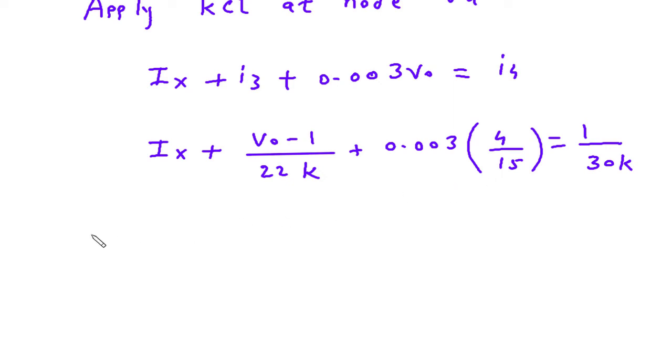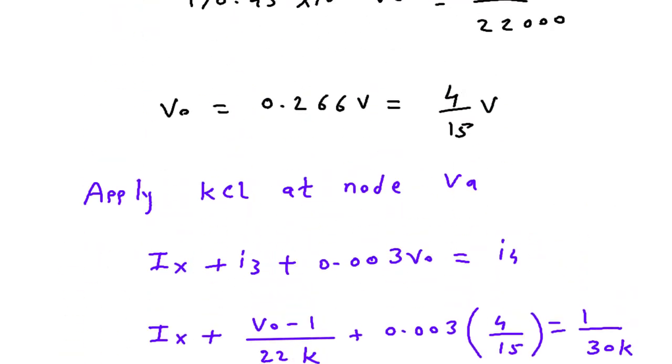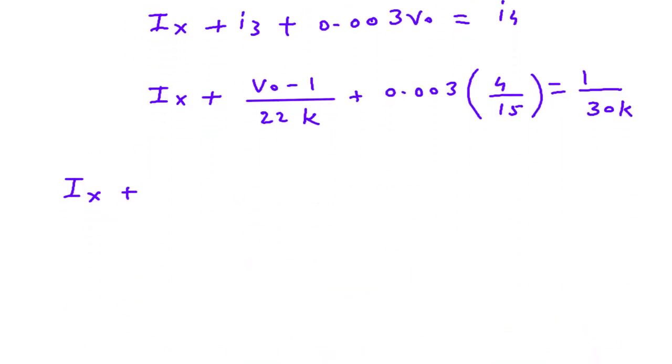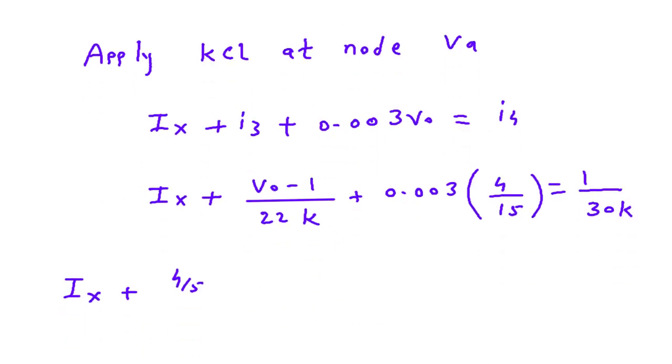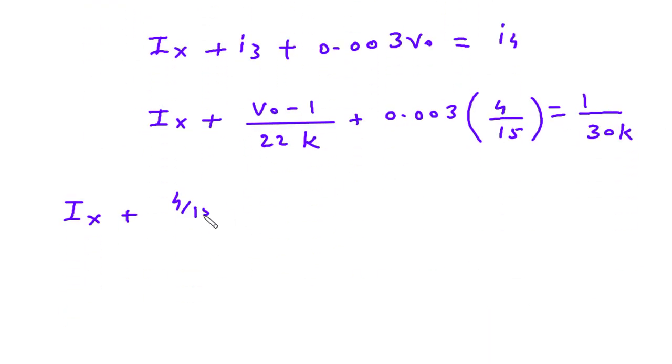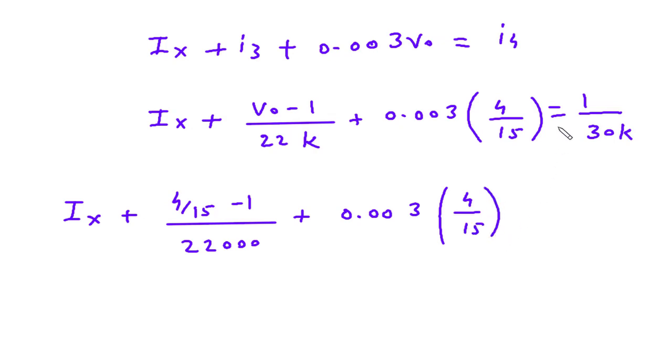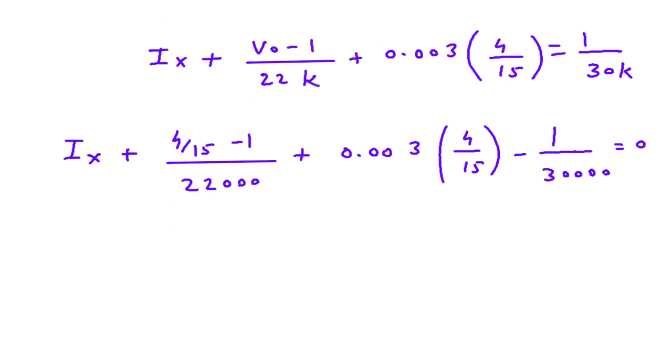So this will be Ix plus 4 by 15 minus 1 divided by 22,000 plus 0.003 into 4 by 15 minus 1 by 30,000 is equal to 0.